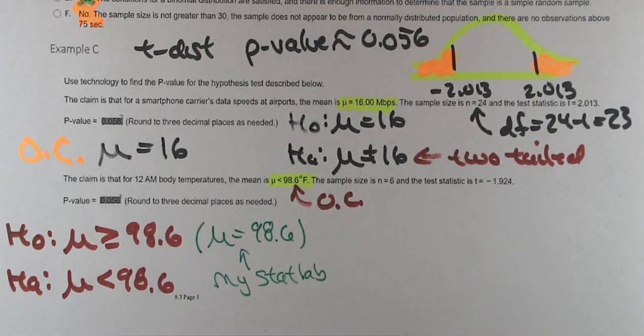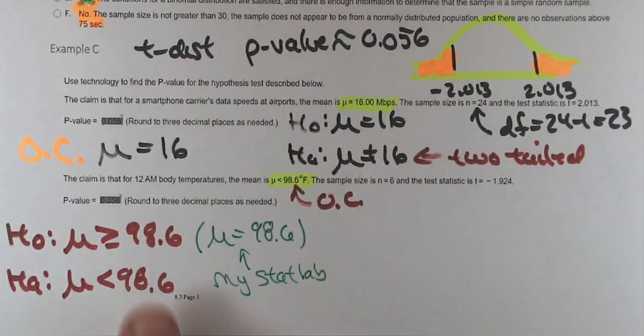And let's see who's up next. Jackson, I've already heard from you today. So, Savannah, is this going to be a left tail, right tail, or two tail test? It will be a left tail. Yeah.